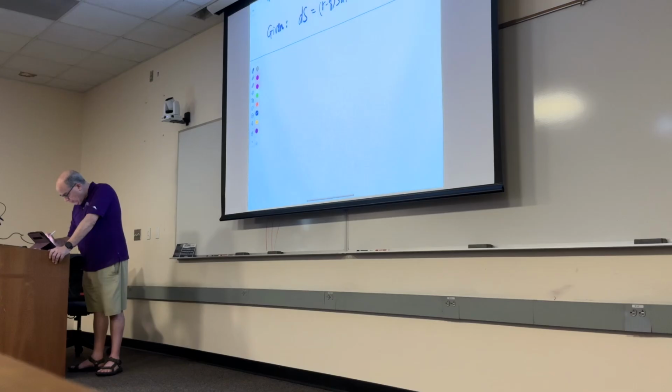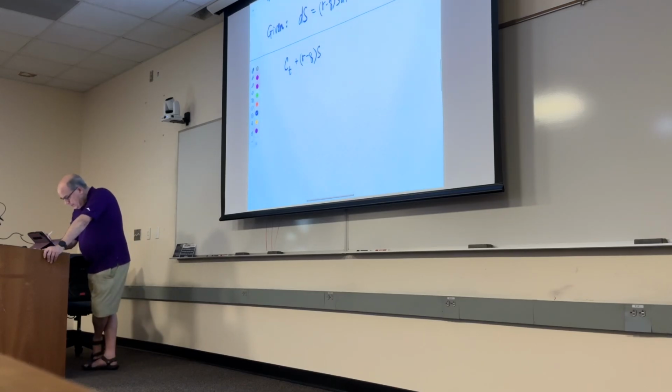The Black-Scholes formula is that the call option price at time t, plus the drift times the spot price times dC/dS, plus 1/2 sigma squared, the spot price squared, d squared C/dS squared, minus rC, is equal to 0.